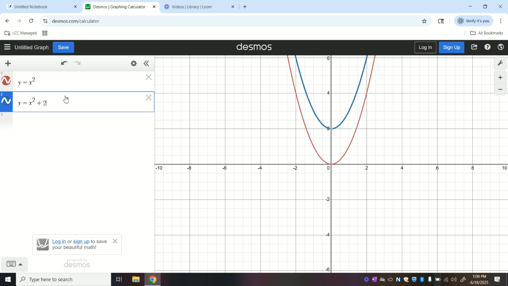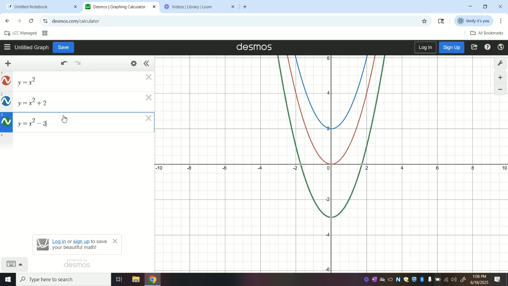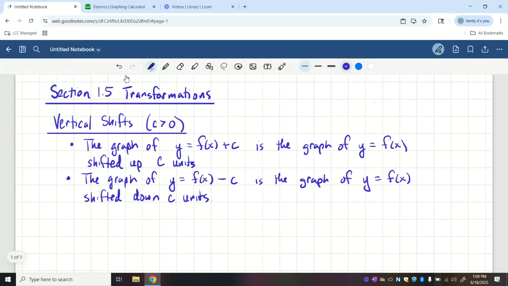So see that blue graph is shifted, the red graph shifted up 2 units. And then if I did y equals x squared, say let's do like minus 3, you see that the red graph gets shifted down 3 units. Alright, so that is how it happens if you add or subtract to a function. It has a vertical shift.